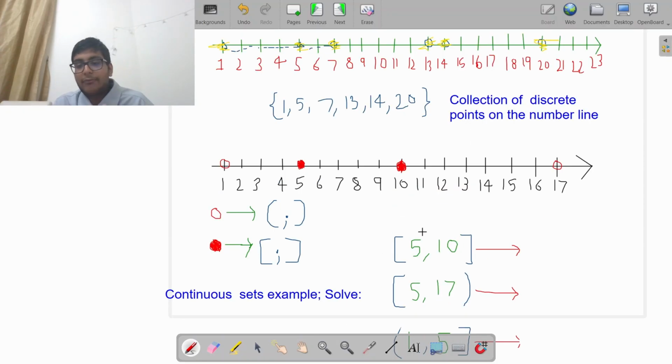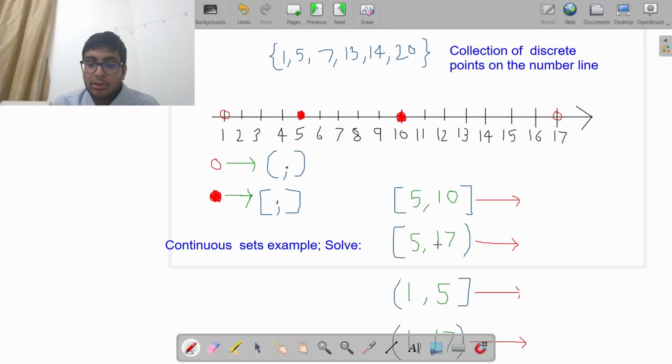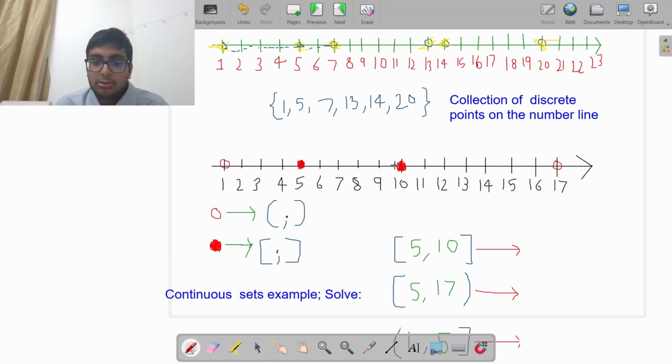Now over here you see 5 comma 10. You might be feeling weird that only two elements are there, but there are actually an infinite amount of elements, and I'll show you how. 5 and 10 are there, but what these brackets mean is that the set ranges from 5 to 10.